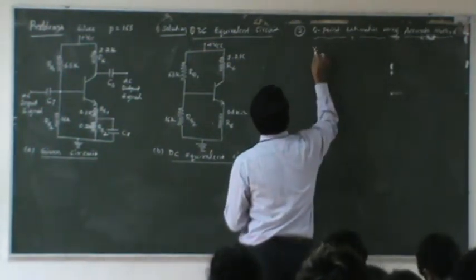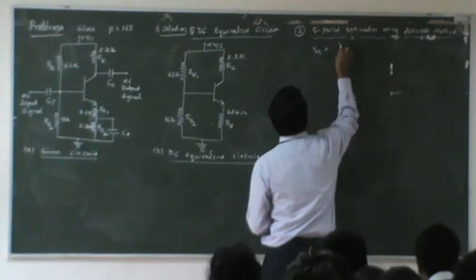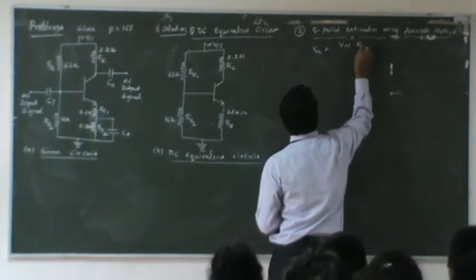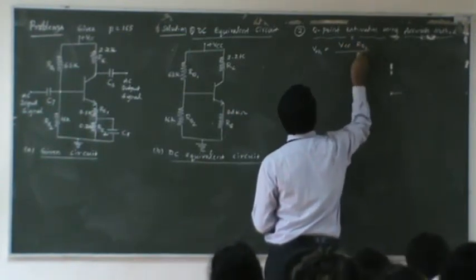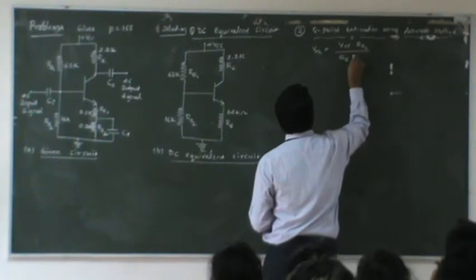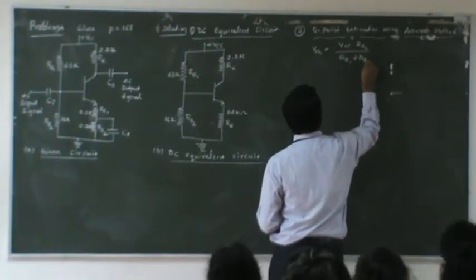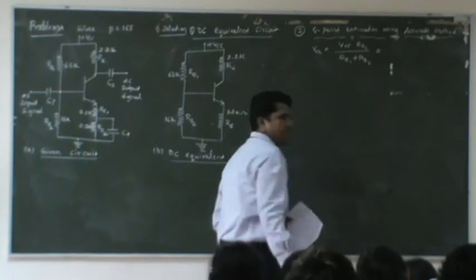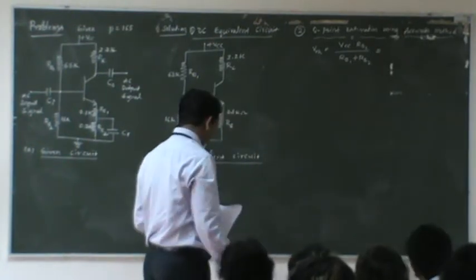What is V Thevenin? VCC into RB2 divided by RB1 plus RB2. Substitute this and find the value of V Thevenin.